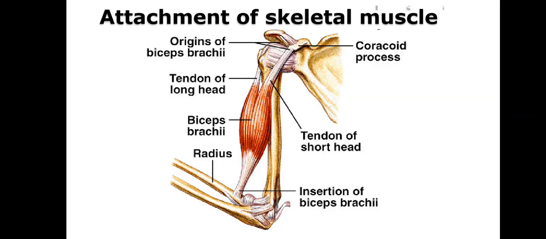We also talked about the properties of muscles, such as irritability, contractility, elasticity. And then I also introduced the aspects of insertion as well as the origin with respect to the muscular system.